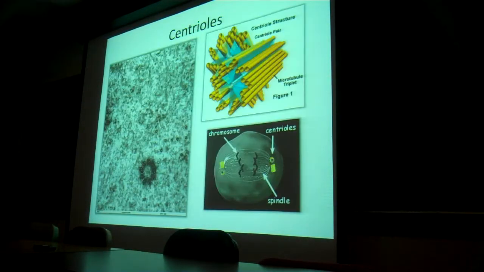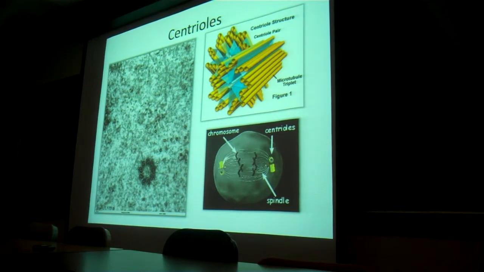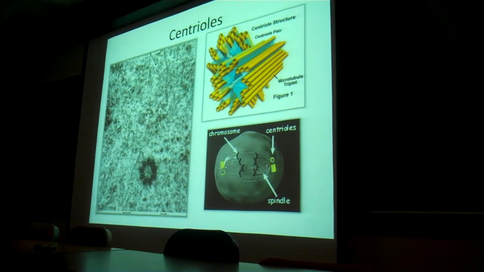Okay, so there's centrioles. Not too much to know about centrioles because there's not a lot known about them other than the certain proteins that are in them that function, but we still don't know exactly what turns this on and how these proteins are working and what triggers it and how they generate the microtubules.